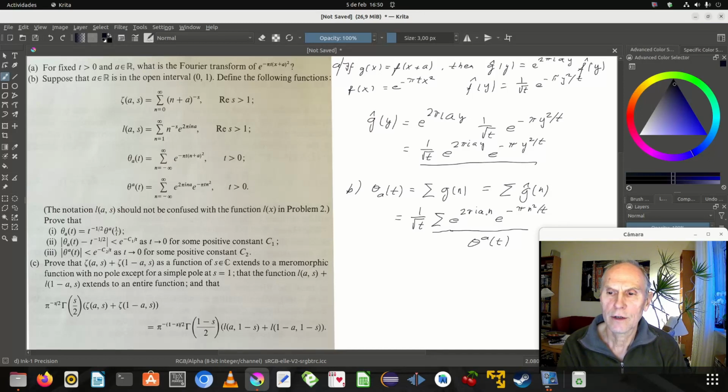That doesn't really work. Oh, so the t here, that should be 1 divided by t.